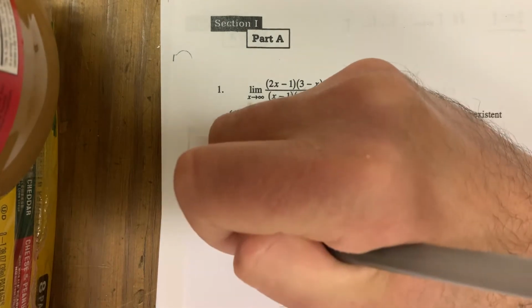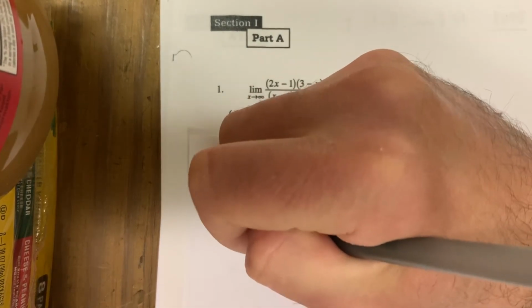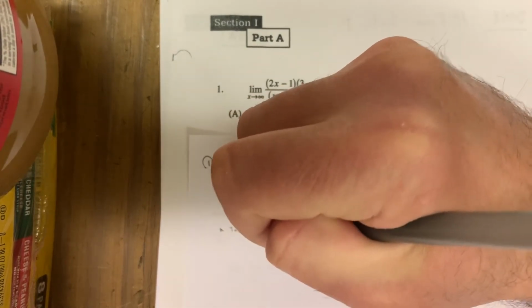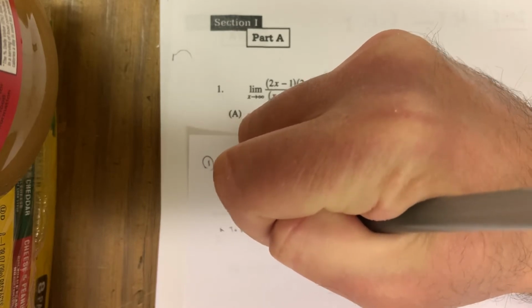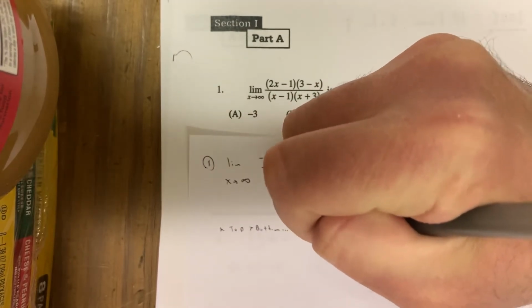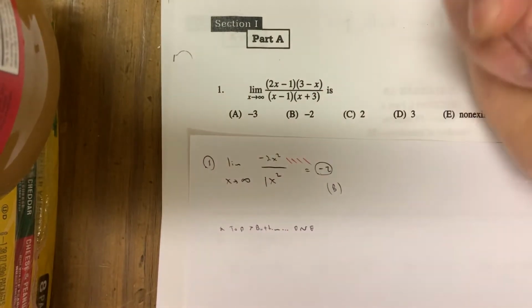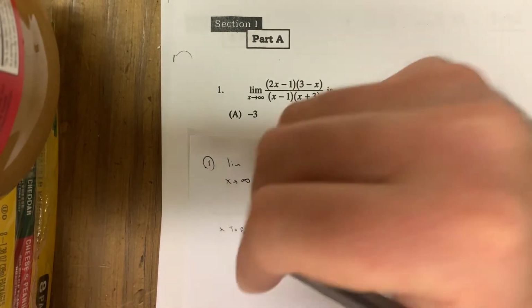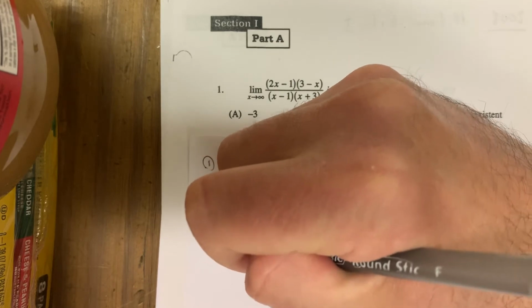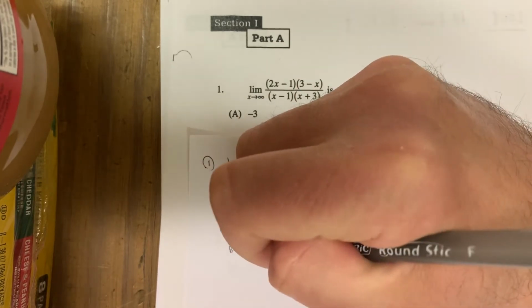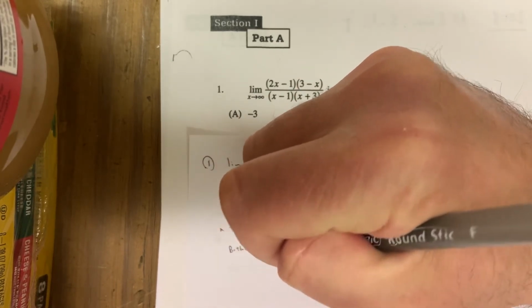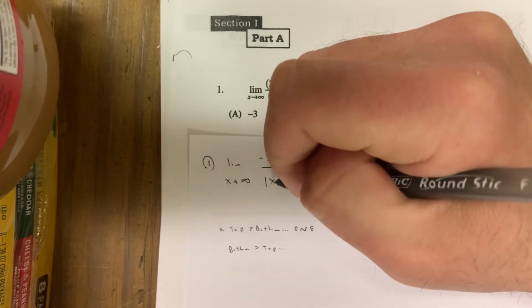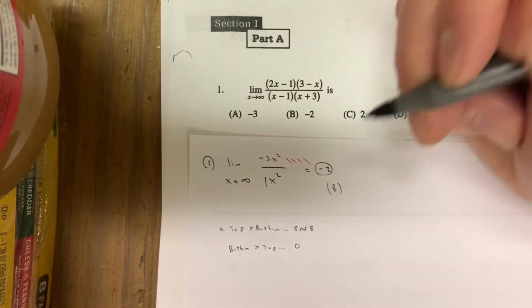Remember the three situations. Top degree greater than the bottom degree means the top grows quicker than the bottom. You're approaching positive or negative infinity. That's a non-existent limit. Sometimes they want you to figure out which one. We'll deal with that when we need to. Sometimes you have bottom degree greater than the top degree, and that means that if the bottom grows quicker than the top in a fraction, you're getting closer to 0.